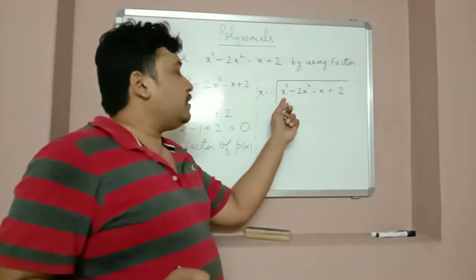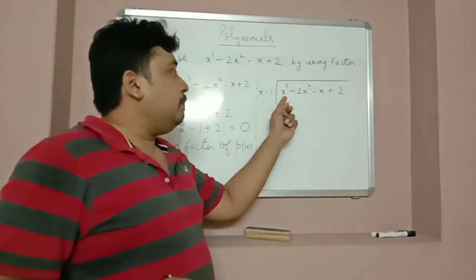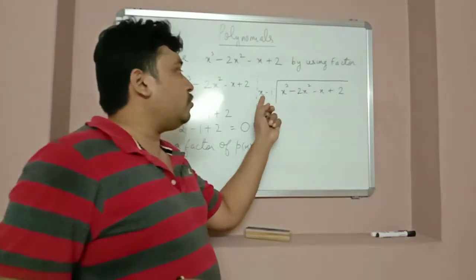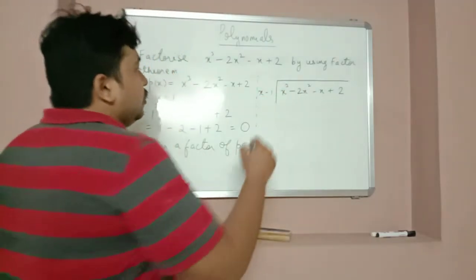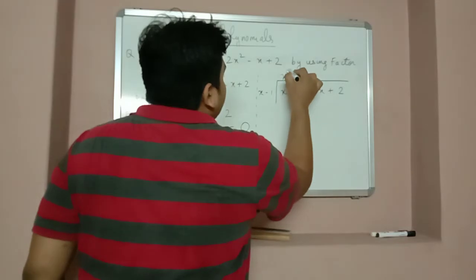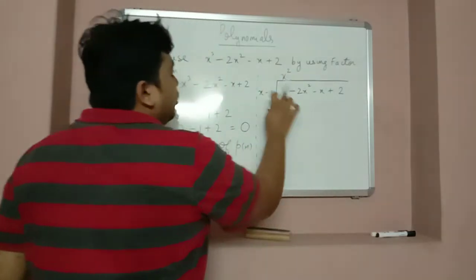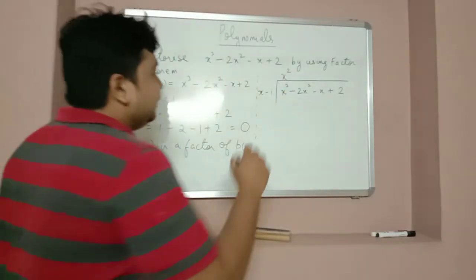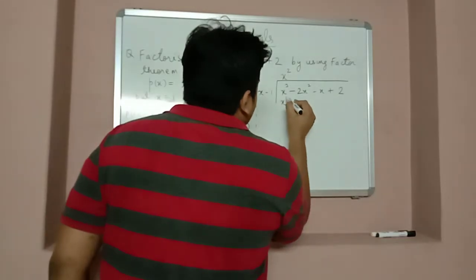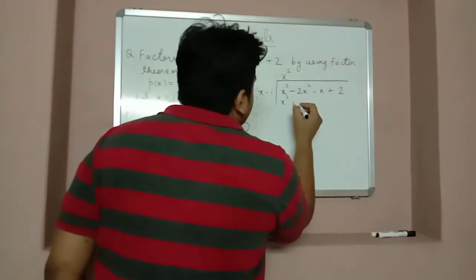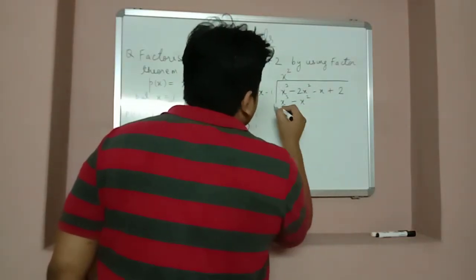Now the first term is x cube and here it is x, so we need an x square. We need to multiply x square to x in order to get x cube. So I will get x cube and minus 1 into x square will be minus x square.